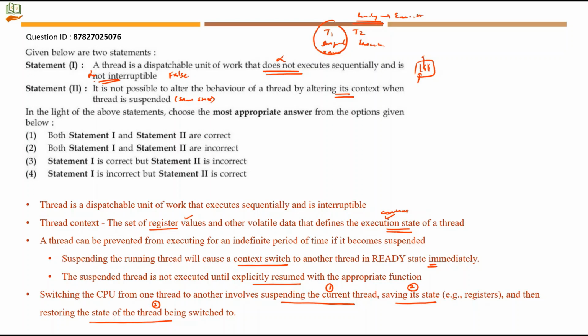So this is also changing the context. Altering means changing the context. So when they say it is not possible, this is definitely false. It is possible to do that. Since both the statements are wrong, option number 2, both statement 1 and statement 2 are incorrect, will be the right answer. With this, we are completing Unit 5 questions.